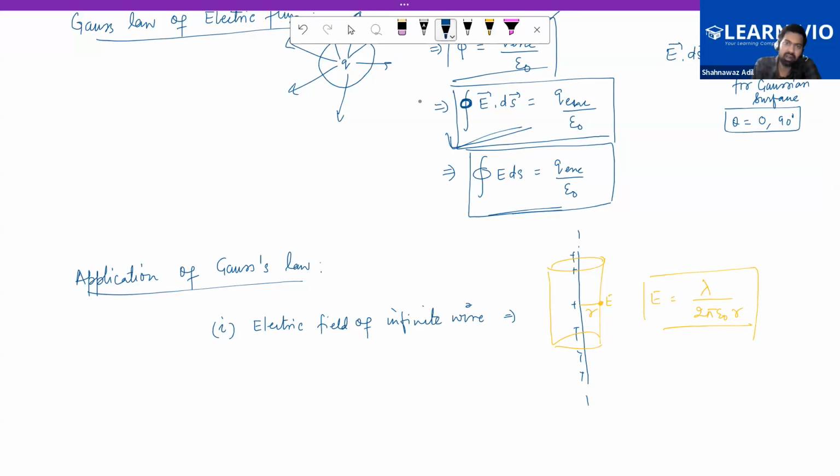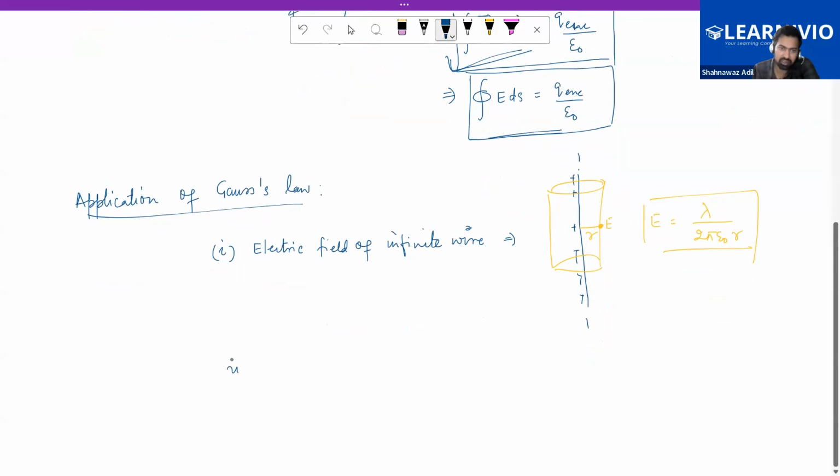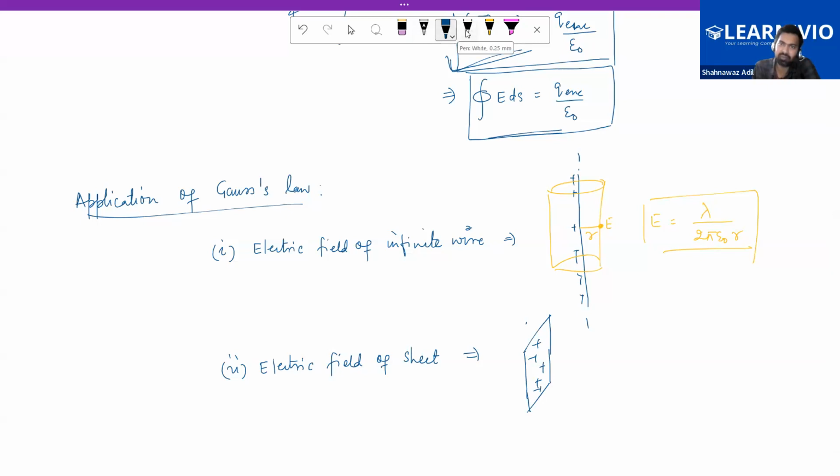And then another use of this is the electric field of a sheet. So how do we calculate the electric field of a sheet? We have this sheet, and it has some charge density. So again we take some Gaussian surface, and then we calculate this electric field.